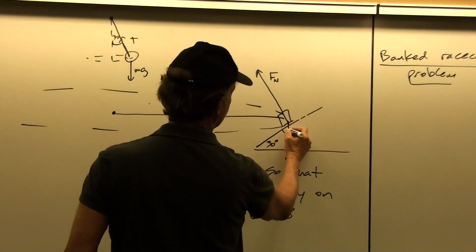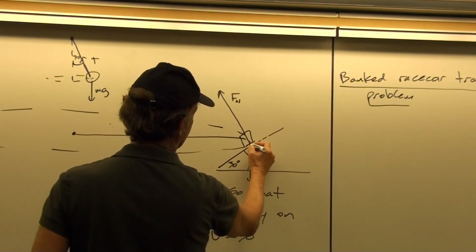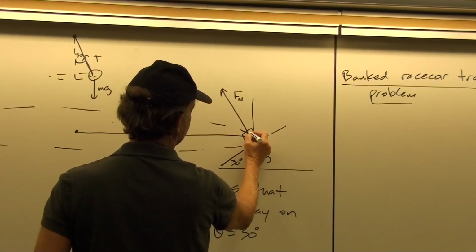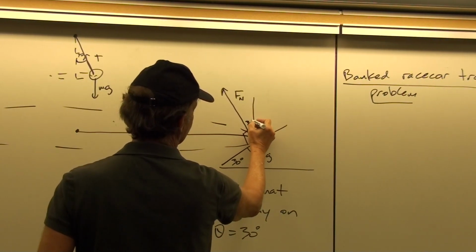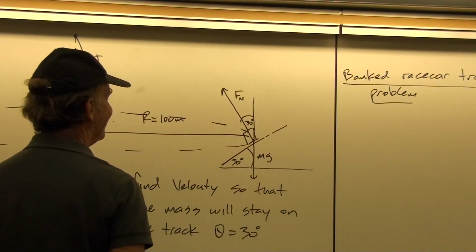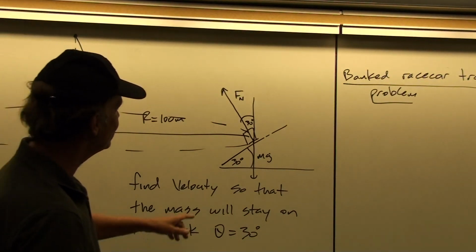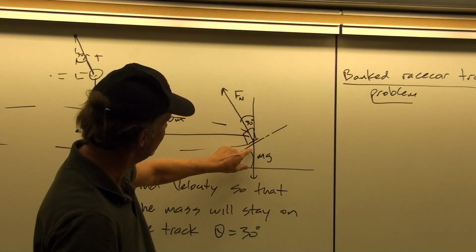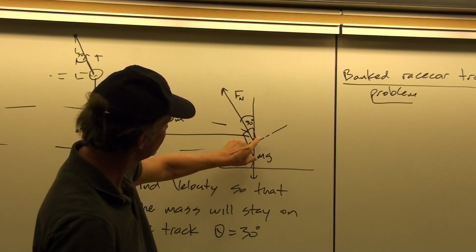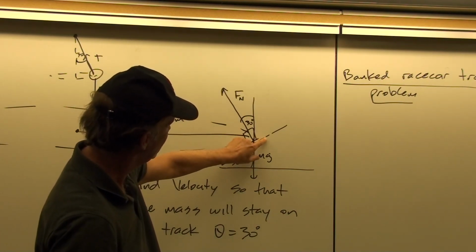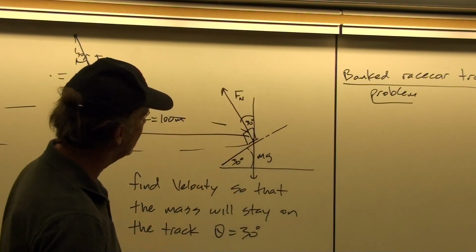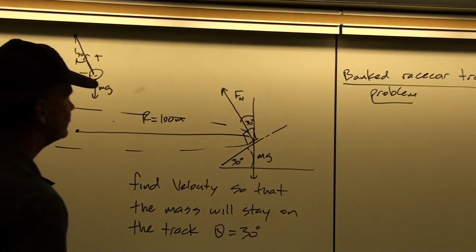So if this is 30 degrees, that's 60 degrees. That's 60 degrees, then that makes this 60 degrees, but this is 90 degrees, and so that's 30 degrees too. Okay, and so just with a little bit, here's 30, 60, 90, 30, 60. But if this is 60, vertical angles are equal, so that's 60. But this whole angle here is 90, so that makes this angle also 30 degrees.